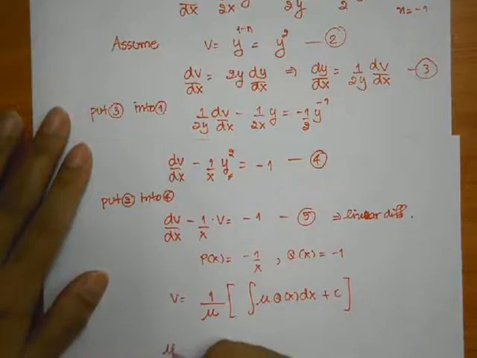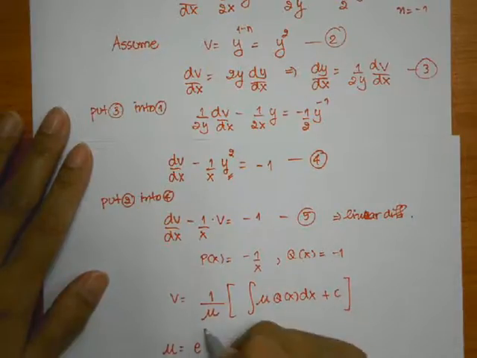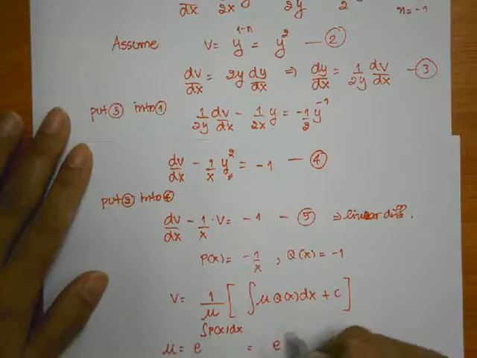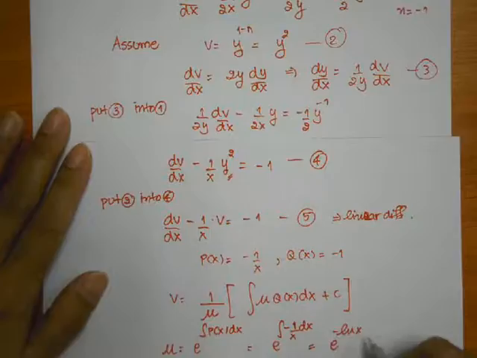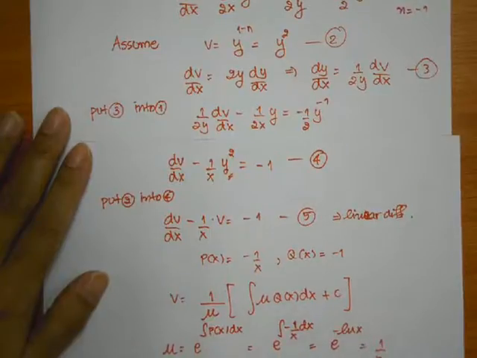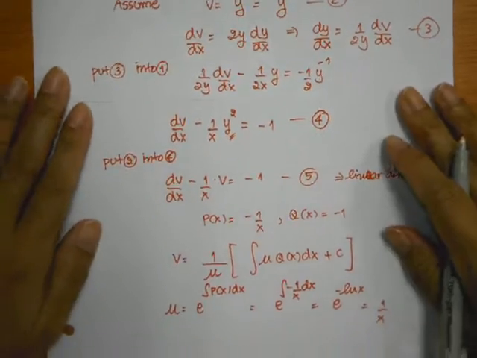Our integrating factor is equal to the exponential of the integral of p(x) dx, which is equal to the integral of minus 1 over x dx. So our integrating factor is equal to 1 over x.